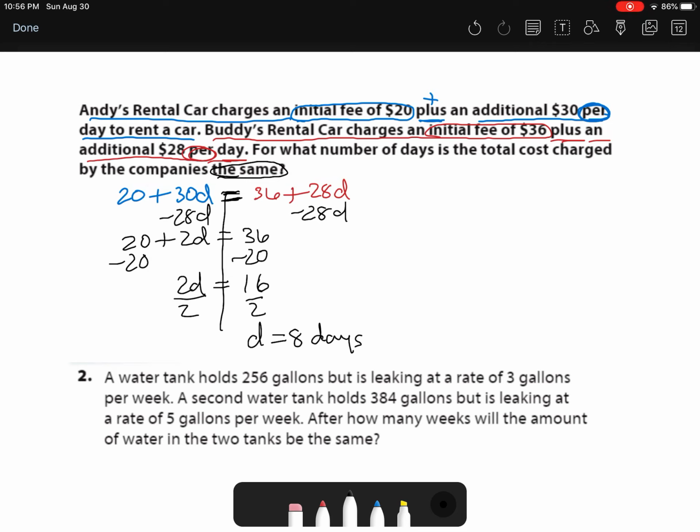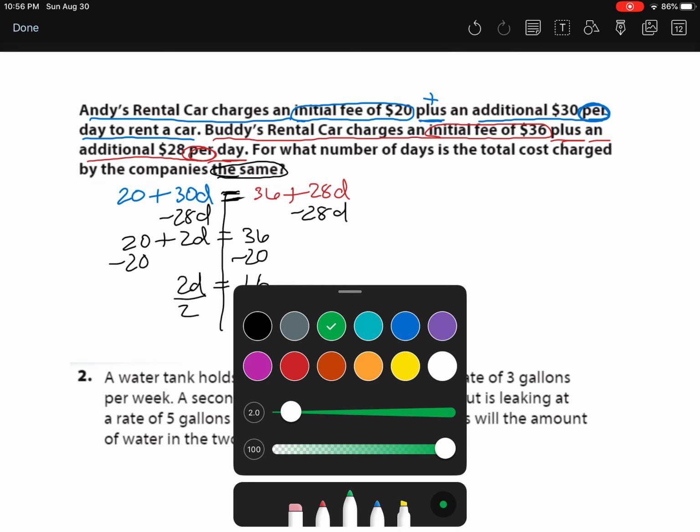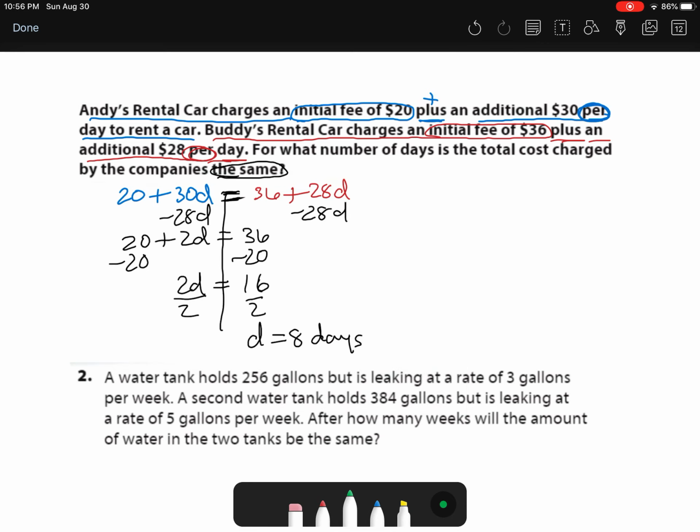Now, let's plug that back in. All right. So if we plug in 20 plus 30 times 8, we get 20 plus 240, which is $260. It cost $260 for 8 days to go to Andy's.